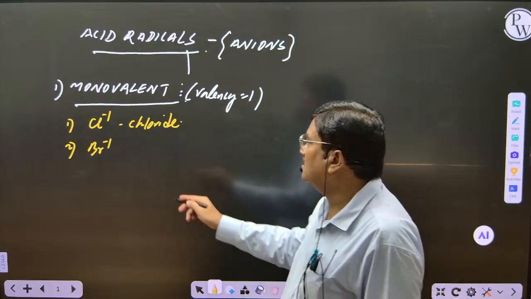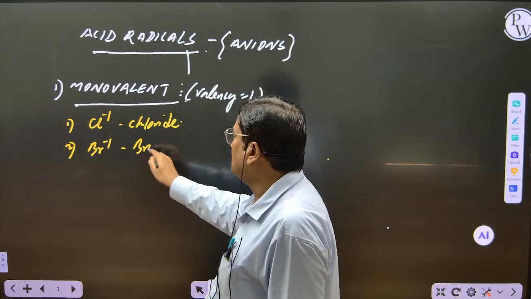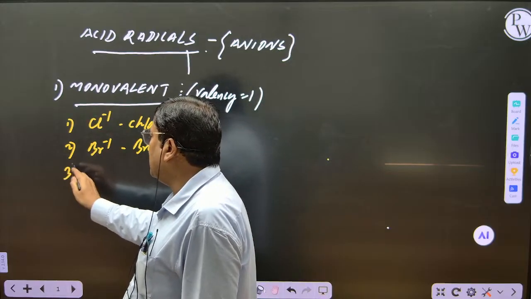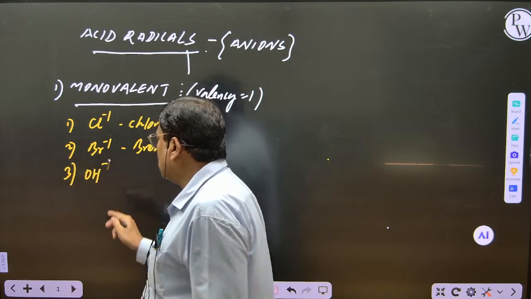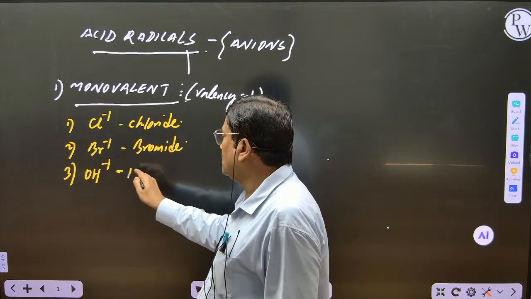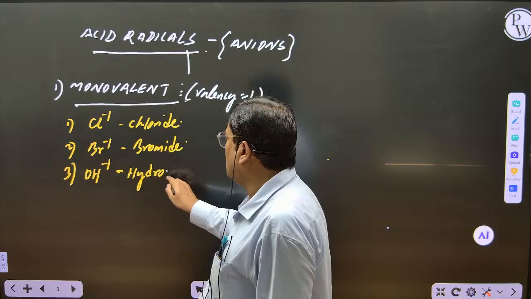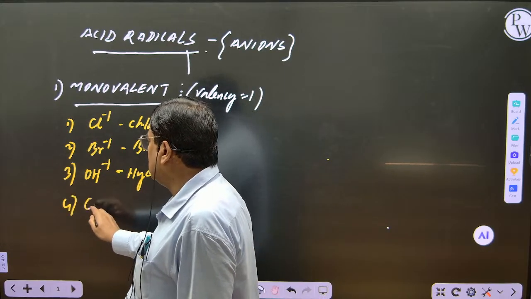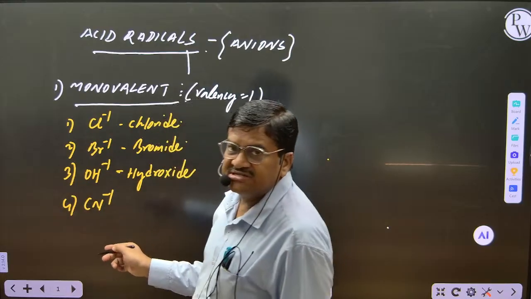Bromide ion. All these radicals you have to remember. The third one, OH minus, we call hydroxide ion. CN minus is called cyanide ion.